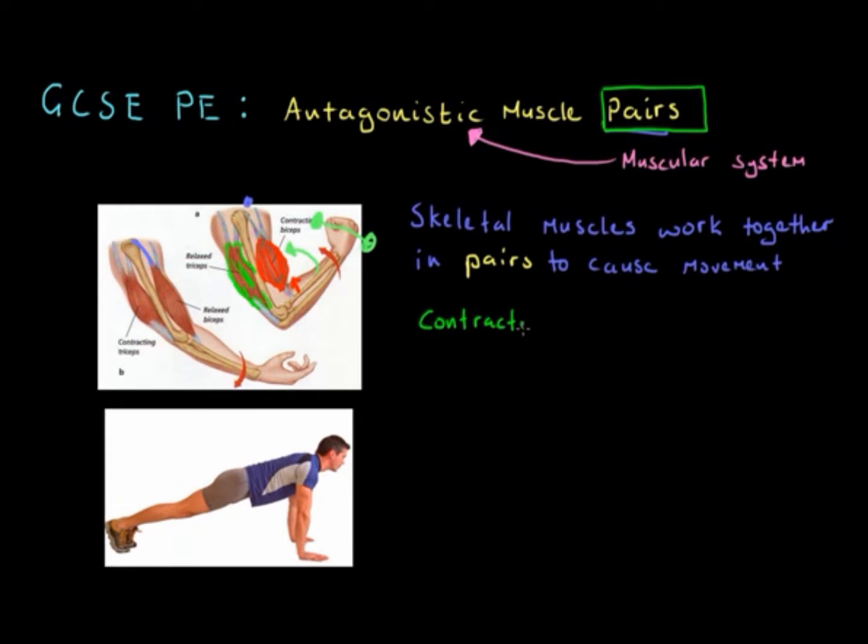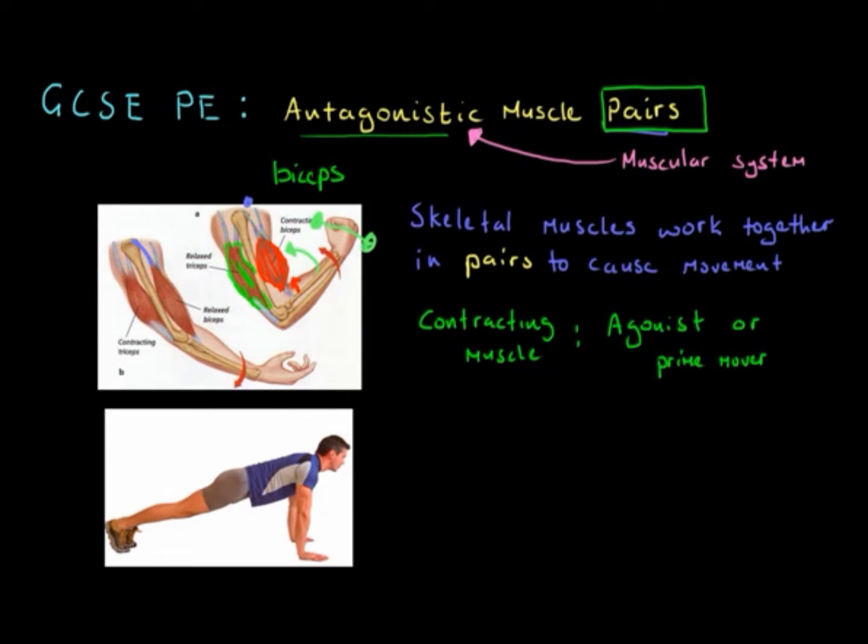As you can see on the screen, the contracting muscle is called the agonist. It can also be called the prime mover. So the agonist is the contracting muscle. Remember, the contracting muscle is the working muscle. In this situation, with Arnold Schwarzenegger doing a bicep curl, or anyone doing a bicep curl, that is the bicep.